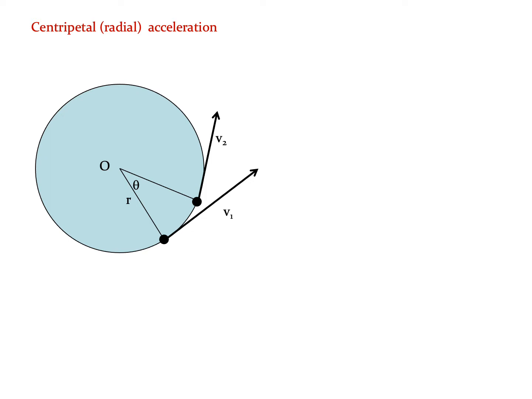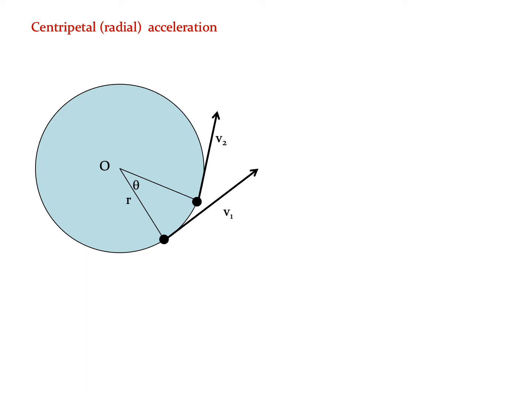Look at the first position where the tangential or linear velocity is v1. A short time later, the particle has moved round the perimeter a little bit and it's now in the second position, and it has a tangential or linear velocity v2.